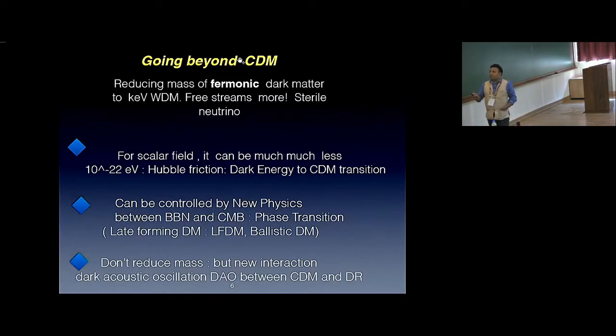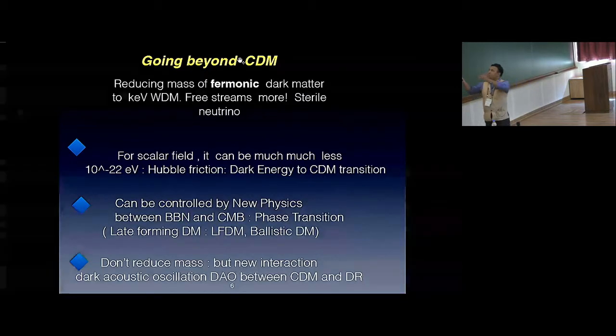One such mechanism is called late forming dark matter, which I have been part of. And another, recently, is called ballistic dark matter. There is a talk on that on the 25th. So what happens here is a phase transition. A radiation component with equation of state 1/3 transits into equation of state 0.